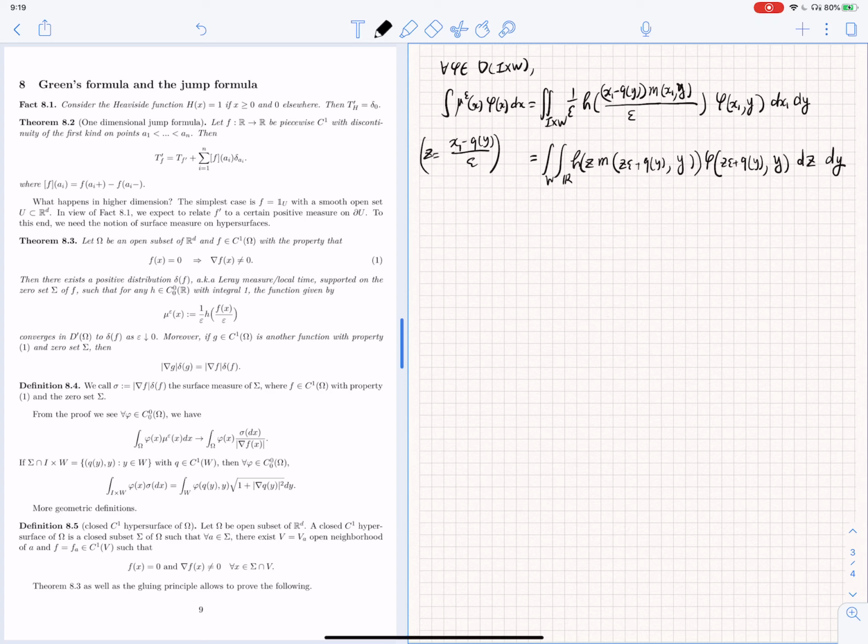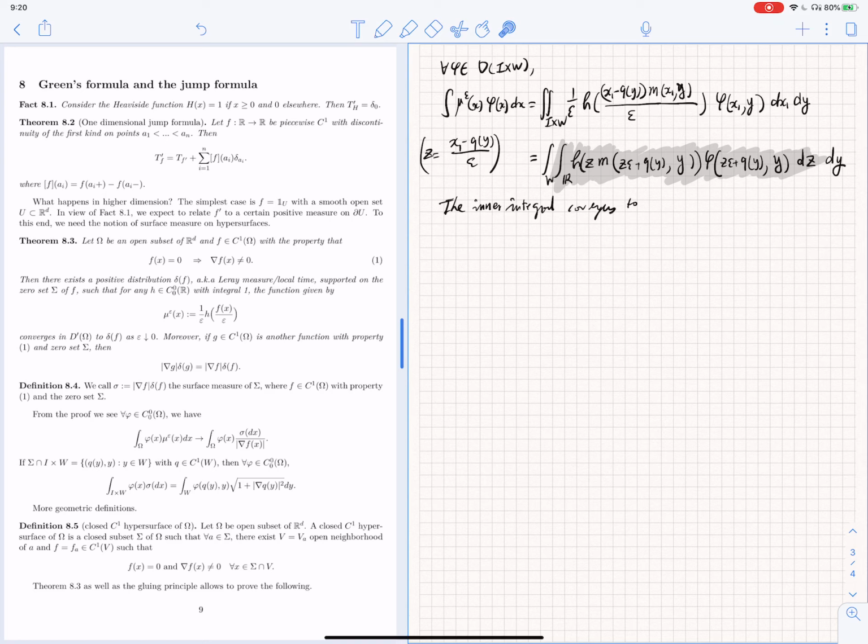So if we consider only the inner integral, just this guy, the gray colored integral, it actually converges to the following quantity.